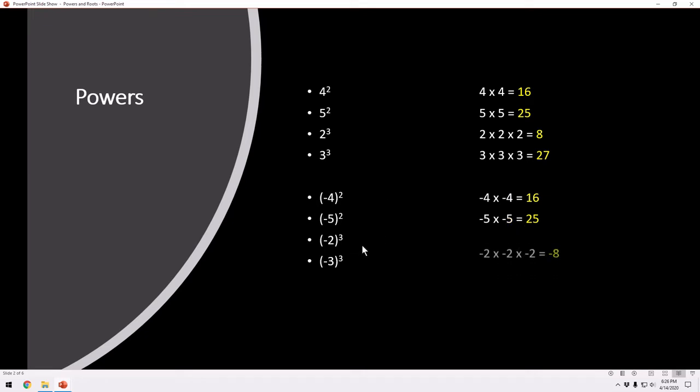Let us look at the next number right here. Minus 2 to the third power will be equal to minus 2 times minus 2 times minus 2, which will be equal to minus 8. How is this? Well, a negative times a negative is equal to a positive, and then times a negative is equal to another negative.